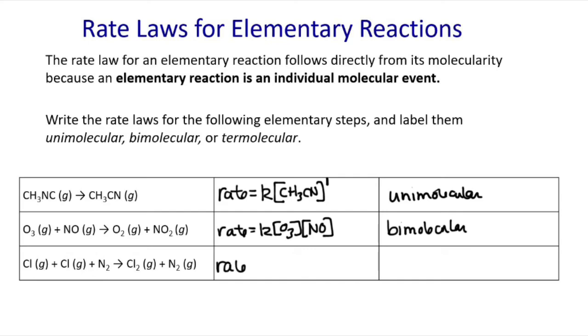In the last one, we have rate equals, and we see we have two Cl's, so that'll be Cl squared times N2. This is what we would call a termolecular step. Ter is for 3, because 3 molecules, or atoms, are combining to make the products of that step.